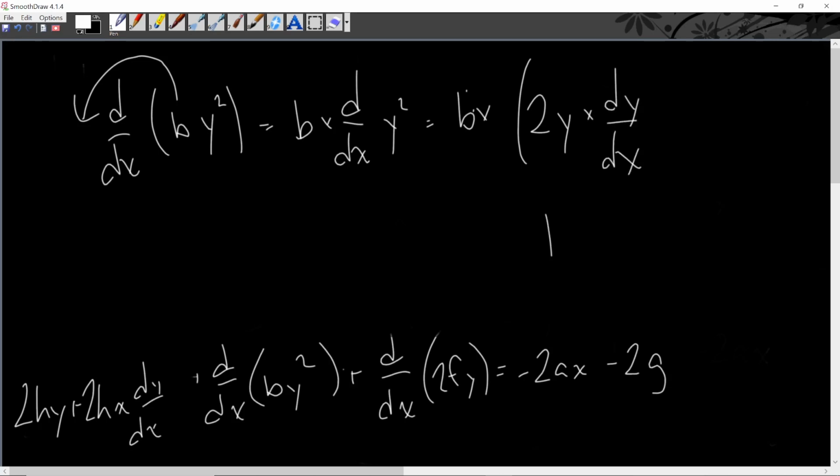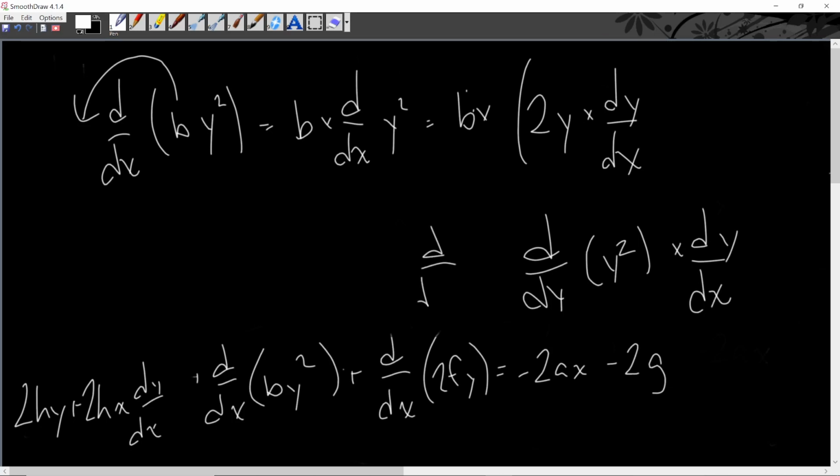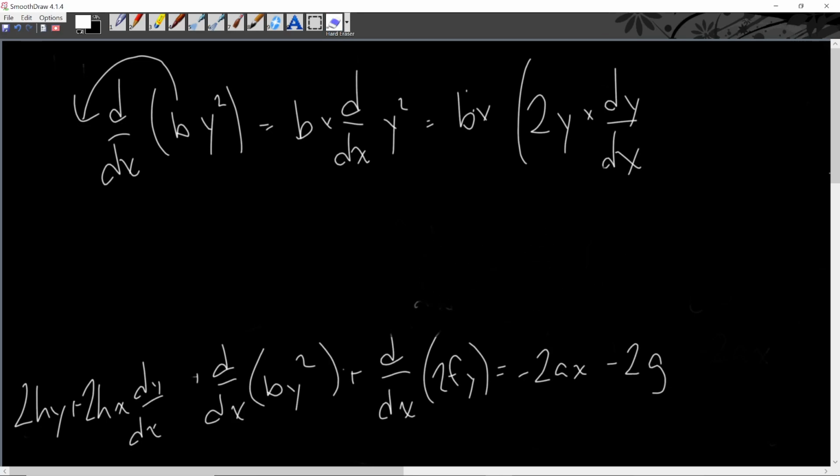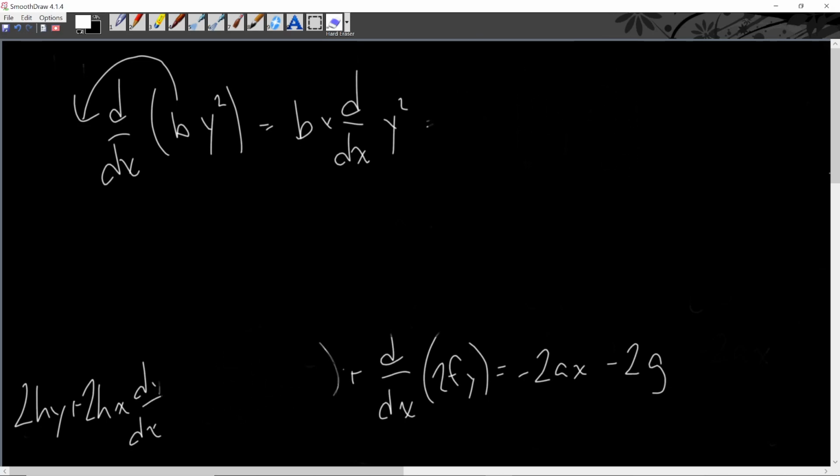Again, that's going to be d dy of y squared times dy dx. This is equal to d dx of y squared. We're just using chain rule. That's what implicit differentiation is. So I'm hoping that you can see those connections and it's not too complicated, but we are going to do a bunch of these. So 2by dy dx over here.